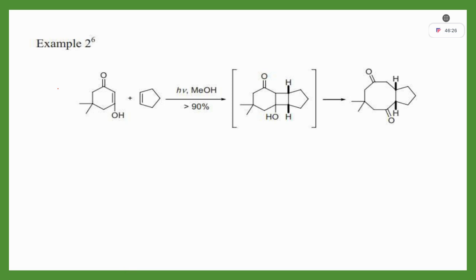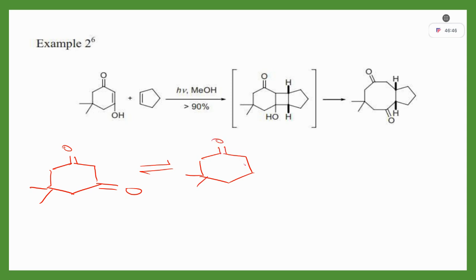Okay, let me tell you. In exam, you will get like this. In exam, you will be provided this 1,3-diketone. So first you have to write its enol form. Done. And then another olefin is given to you.